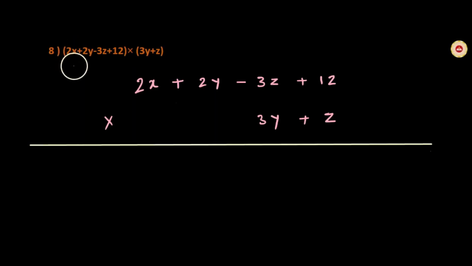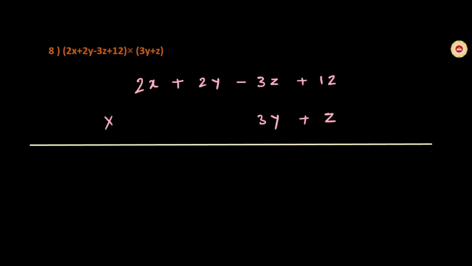8th example, 2x plus 2y minus 3z plus 12 multiplied by 3y plus z. So friends, in this example, the multiplicand contains 4 terms, 1, 2, 3, 4, and the multiplier contains 2 terms.